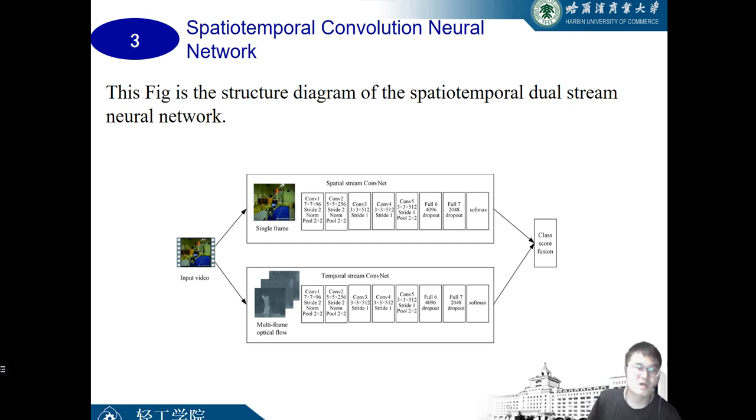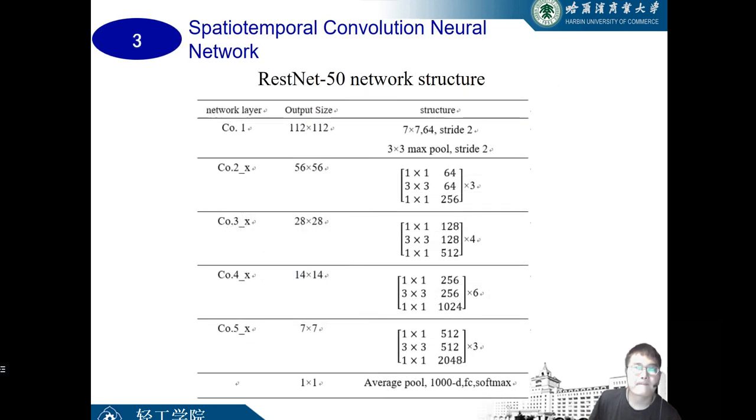This picture is the structure diagram of the spatial temporal during stream network. We changed the VGG16 network from the original during stream network to the current REST-NET15 network.